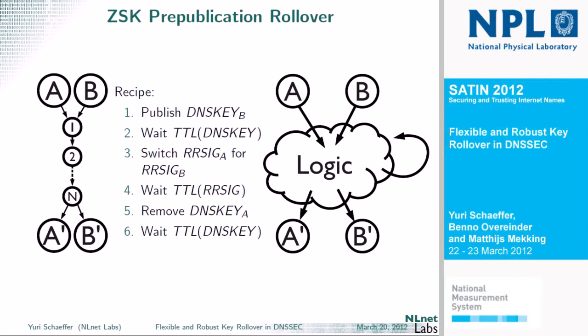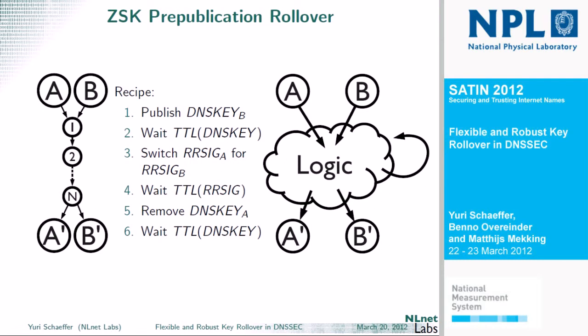Small comparison. This is the ZSK pre-publication rollover we saw earlier, and on the left you see the recipe, which has steps 1 till 6, and which says just do this.